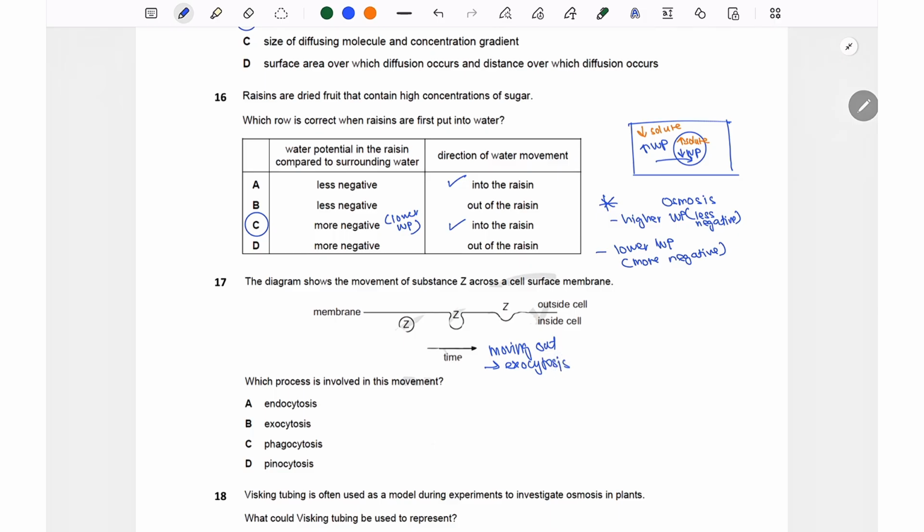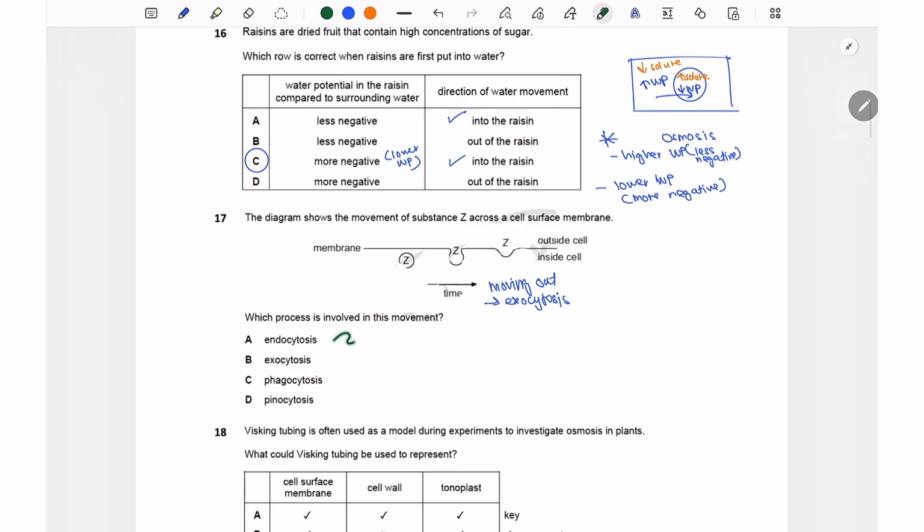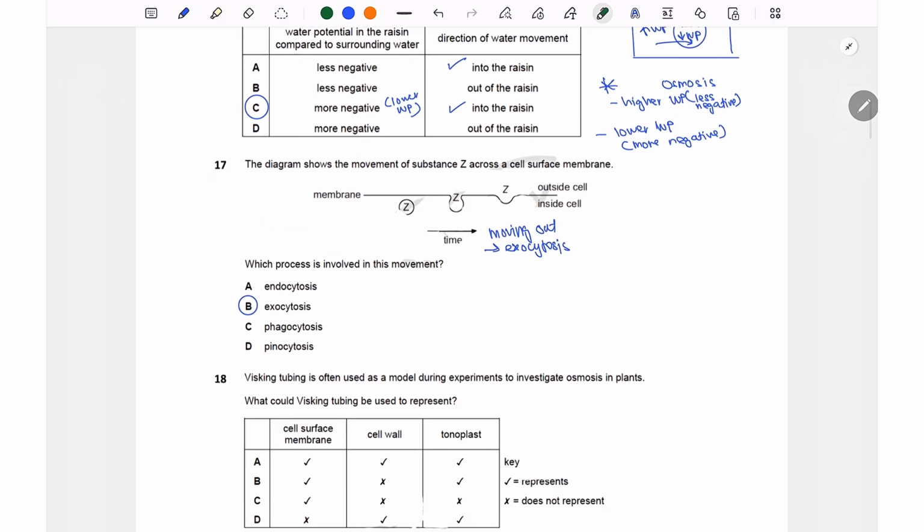This is a vesicle that fuses with the cell surface membrane, and then it's sent out, it buds off. This is bulk transport out of the cell, that is exocytosis. Endocytosis is wrong because endocytosis is into the cell. Exocytosis is correct. And these two would be wrong because they are both types of endocytosis, which is movement into the cell.